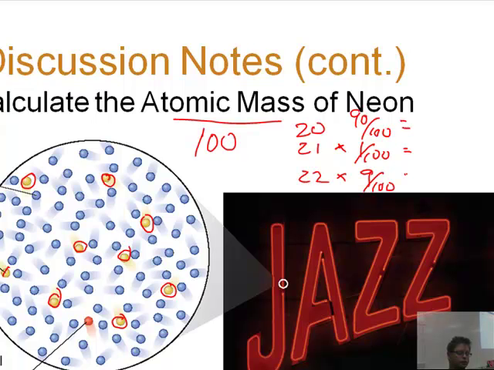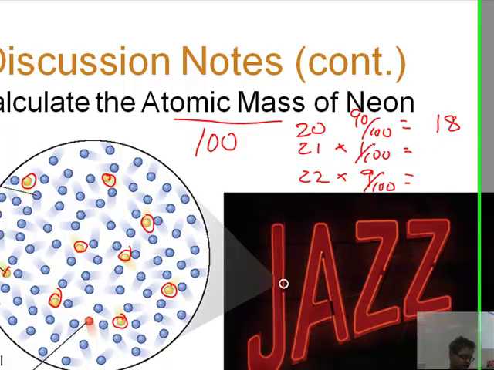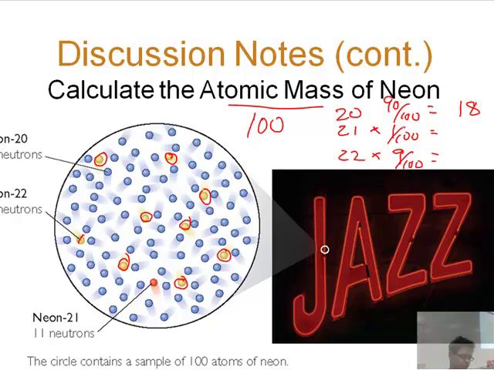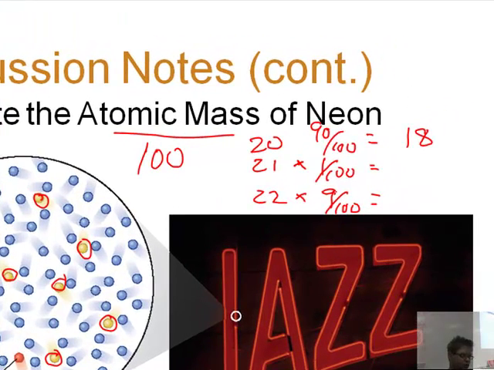So what you do is take the atomic mass, 20 times 90 over 100, or 90% of 20, and that's going to be equal to, we pull out our calculator, or do it in our head, because some of you know what it is already. That's going to be 18. 21 times 1% is going to be 0.21.